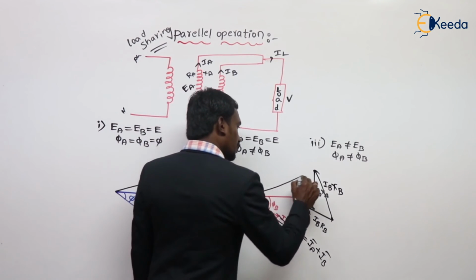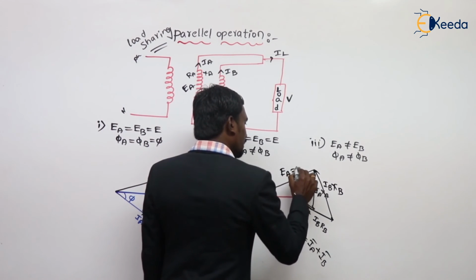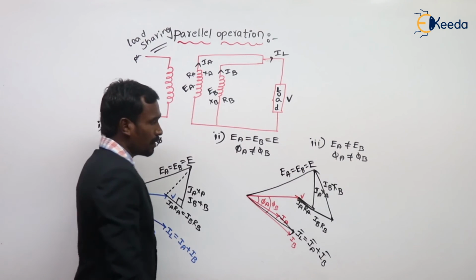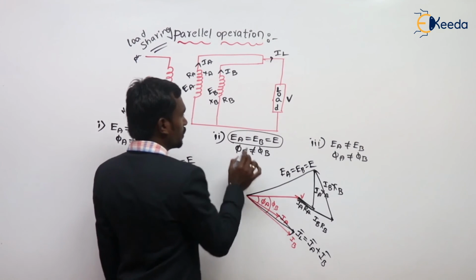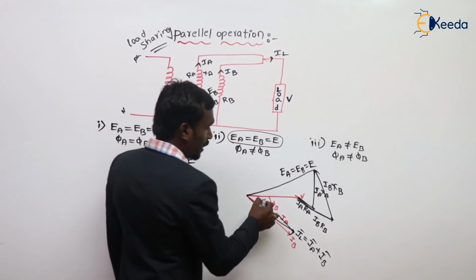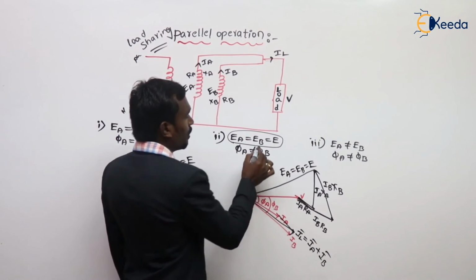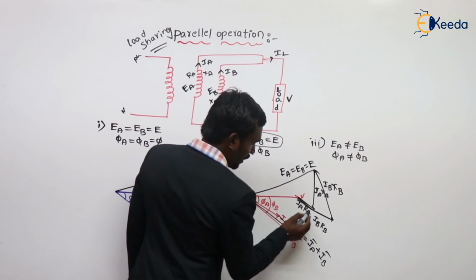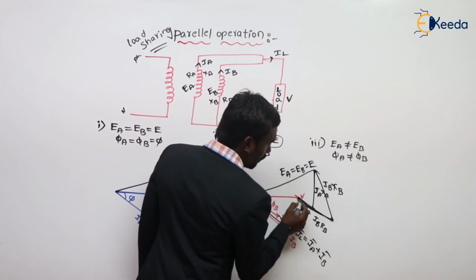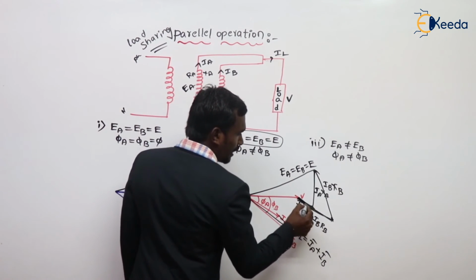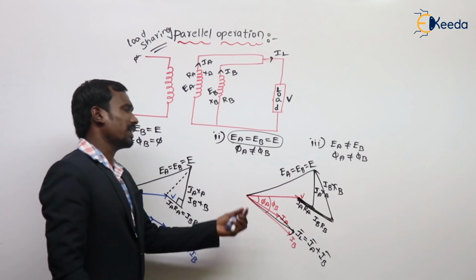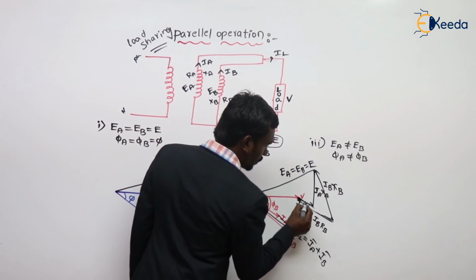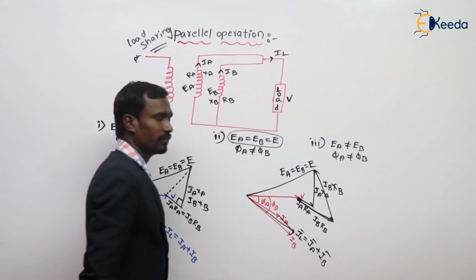Of course, the sum is EA, that is equal to EB, that is equal to E. Again I say, the voltage ratios are the same, but phi A and phi B are not the same, even though the voltage ratios are the same. So the vector diagram is like this: IARA, IBRB, and perpendicular to IA and perpendicular to IB, then we can get the answer. This is for IA and this is for IB.